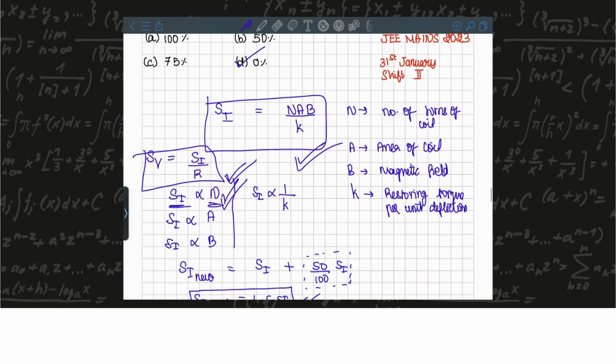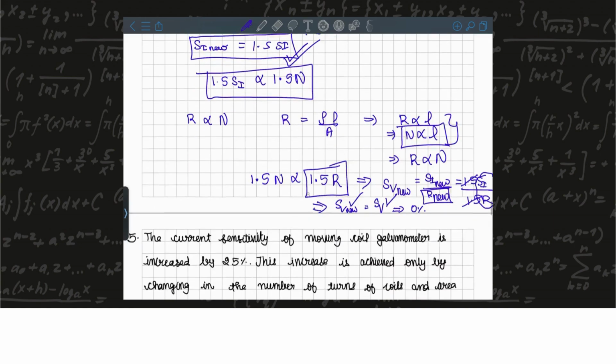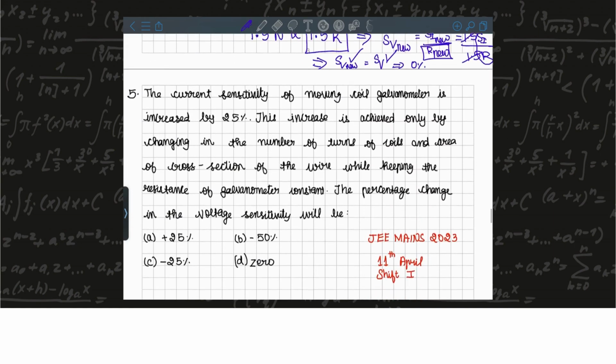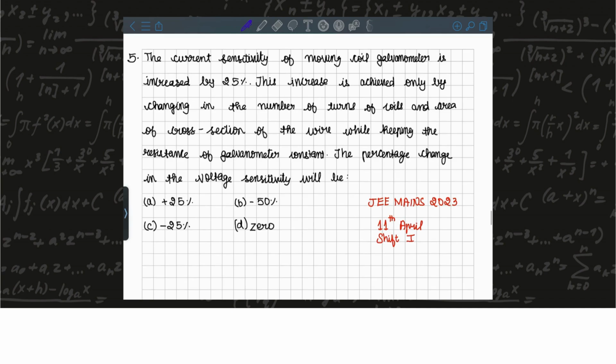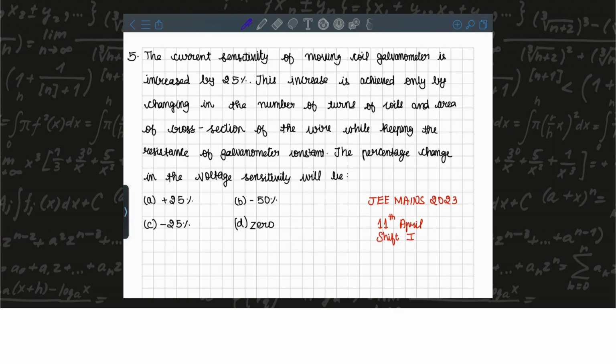Moving on. The next question we have right over here is also similar to the previous question that we have solved just now. The current sensitivity of a moving coil galvanometer is increased by 25%.